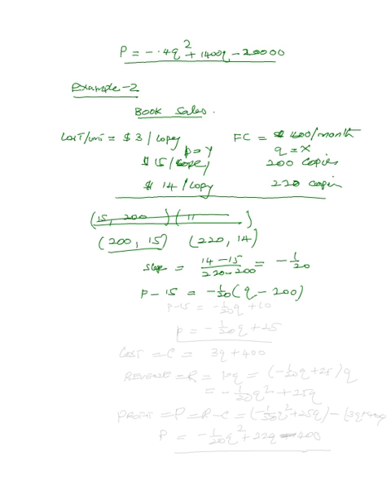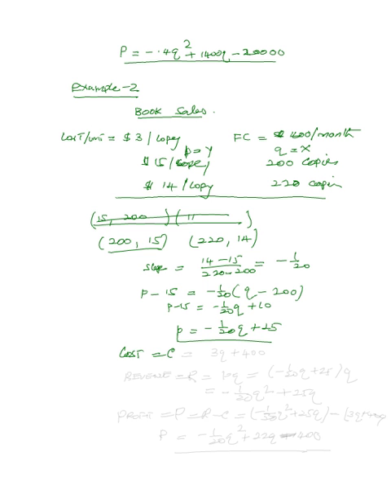So that will become price minus 15 equals negative 1 over 20 Q plus 10. So price is equal to negative 1 over 20 Q plus 25. So this is our demand function connecting price and quantity.